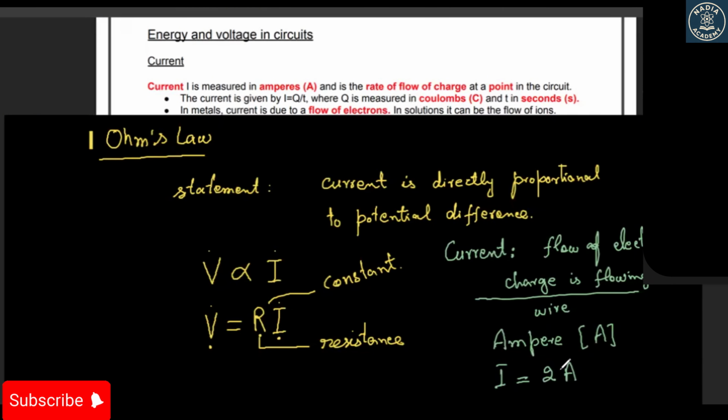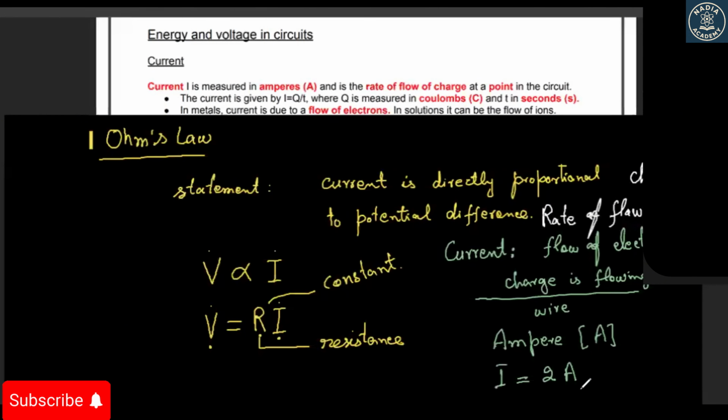It tells us in very simple words that the current is the rate of flow of charge. What does this mean? It tells us how much charge is flowing.